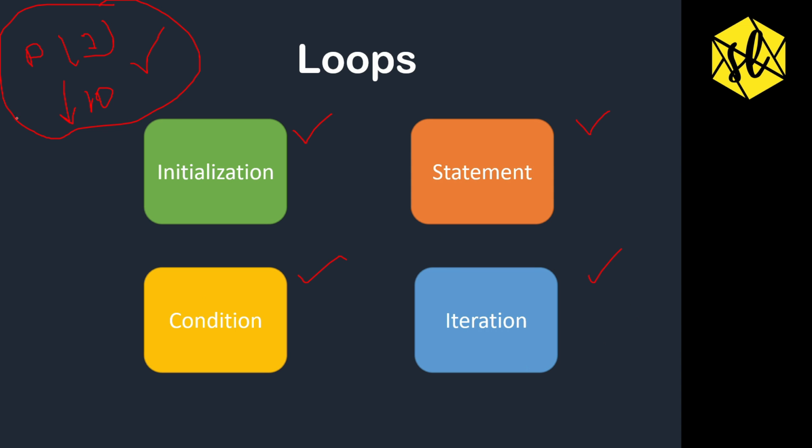If we give these a serial number, we will start with initialization, then it will be condition, and then comes the statement, and then comes the iteration part. So now let us understand each one of these in details.